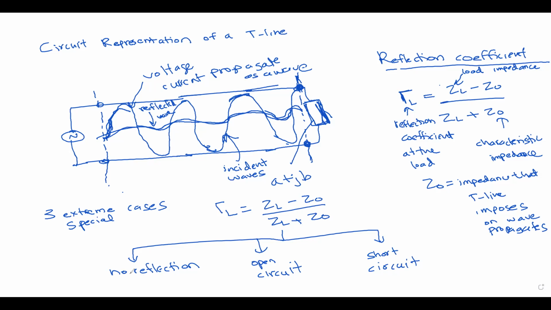The no reflection case happens in situations where we don't have any reflection. We don't have any reflections when we have a fully matched case. When we have a fully matched case, we don't have any reflection because our impedances are fully matched.